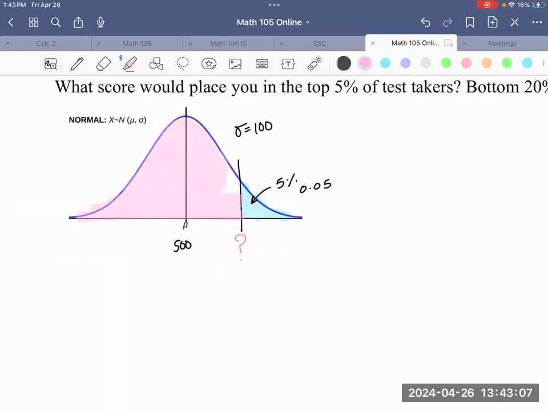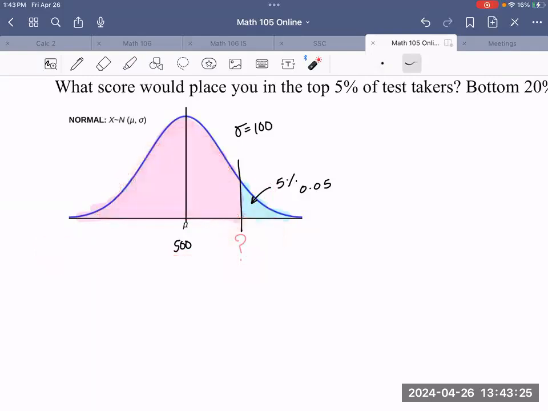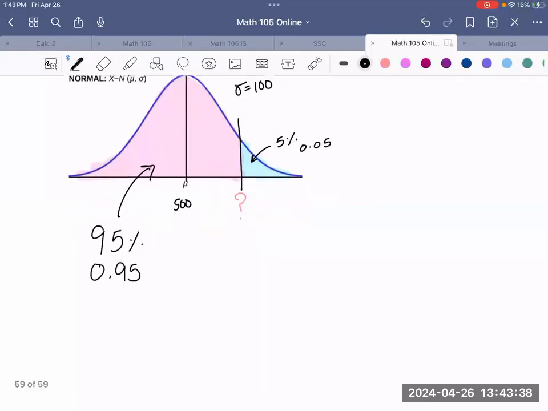Because with your inverses, to go opposite, we don't have this score. We don't have this percentage. Instead, we have this portion here from 0 all the way up to this score. Now, what percent would that contain? So that contains 95% or 0.95 of your data.